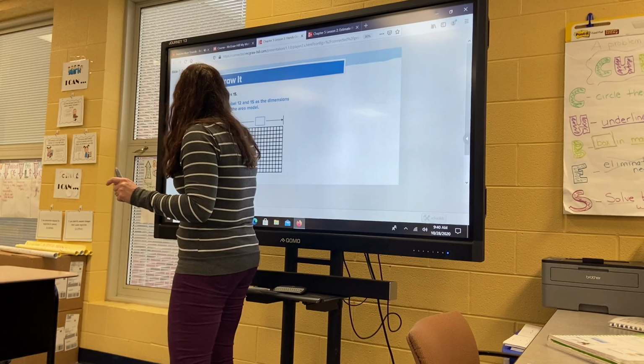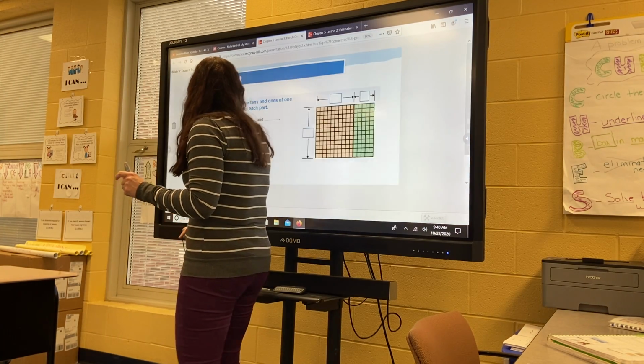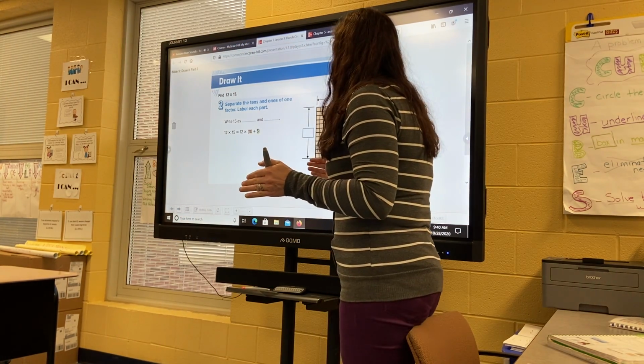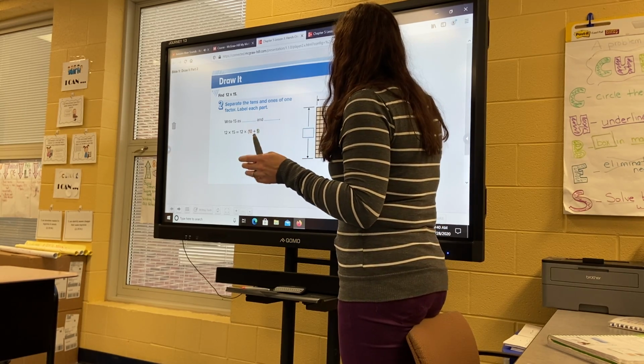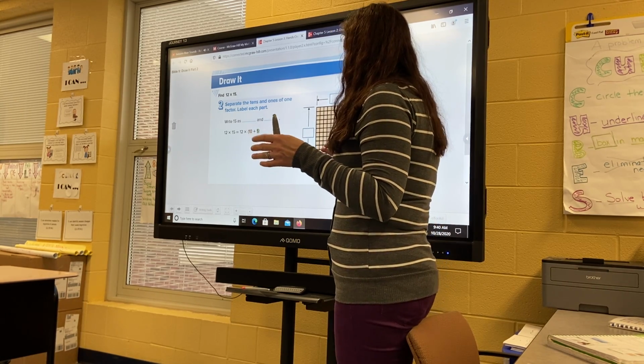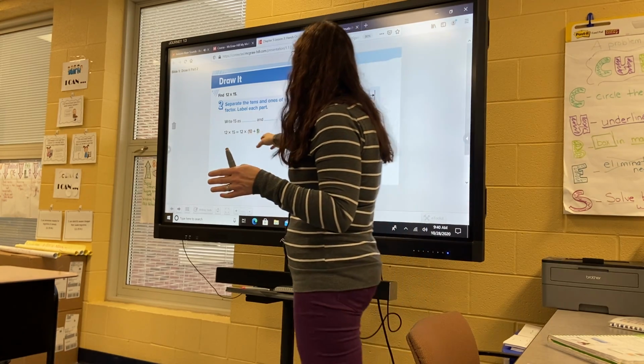Now we're going to break it down a little further. We're going to separate the tens and the ones of one of the factors. So we're just going to pick one factor right now, and they picked 15.